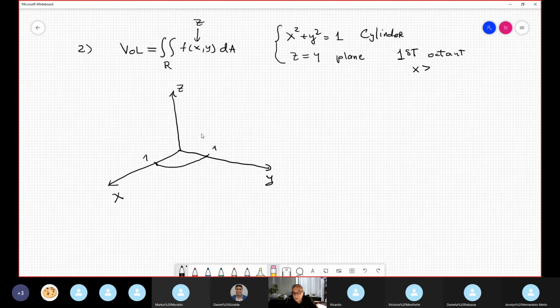That means that x is positive, y is positive, and z is positive. So no down, only up. Okay, so my cylinder looks like that. It is infinite in this direction only, not down, because it's bounded by the first octant.